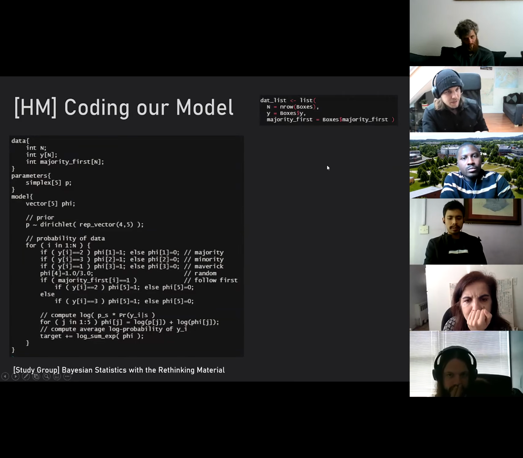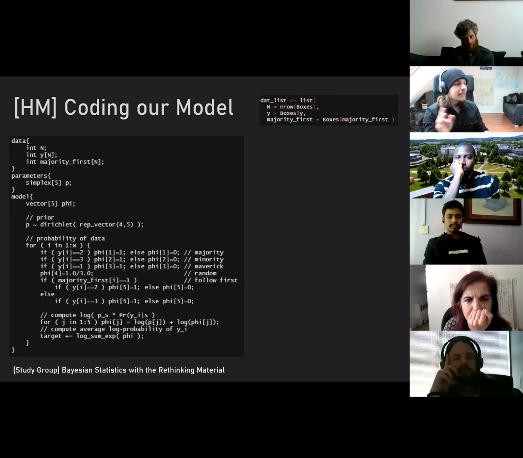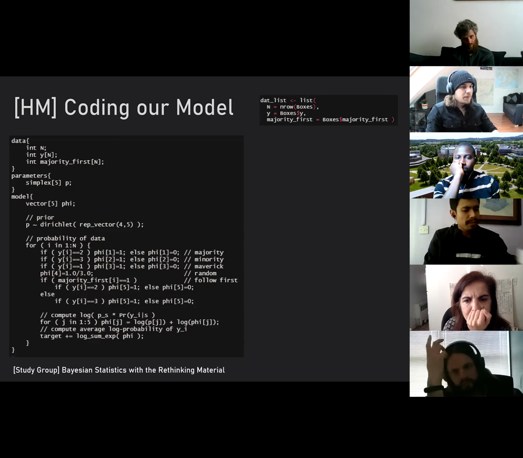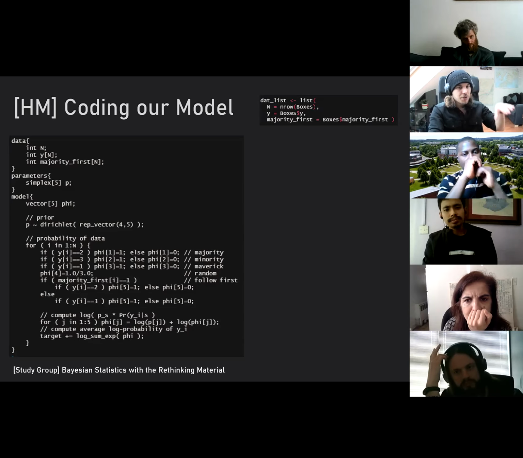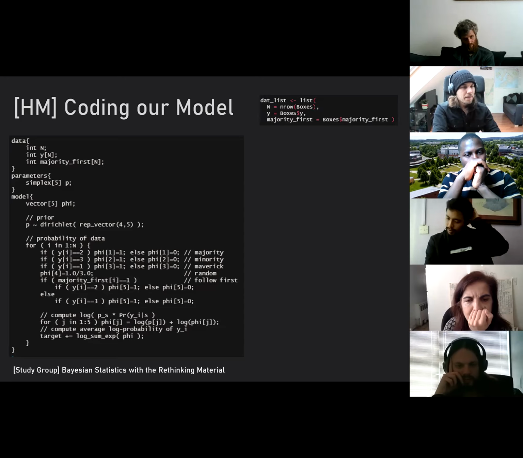But before we get into this, I would quickly like to highlight how we prepare the data so that we know what's behind N, Y and majority first. N is just the number of observations. Y is which color was picked by the child in question for each observation, and majority first tells us whether the majority color was shown by the demonstrators to be picked first, yes or no.